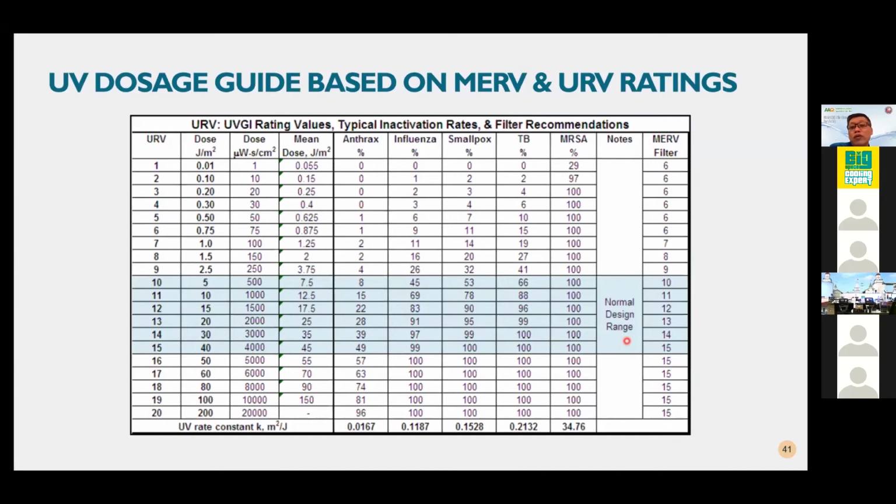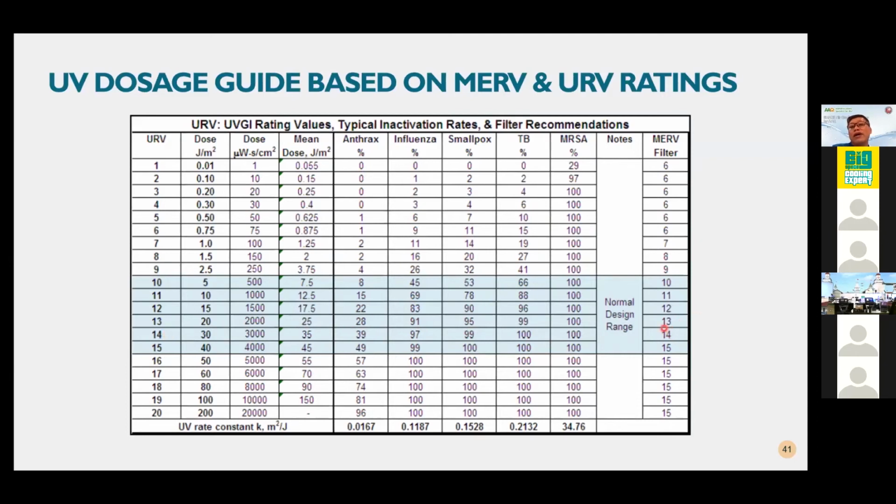In order to work with the MERV 14, for you to achieve, for example, influenza virus 97% efficiency, or smallpox 99%, or TB 100%, you need to combine both the ultraviolet lamp, URV 14, and also the filtration part.